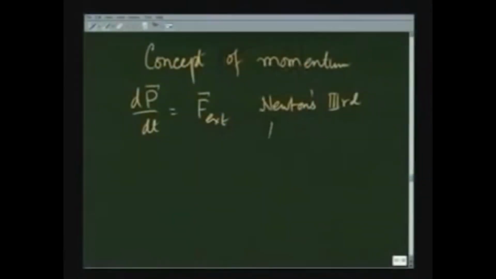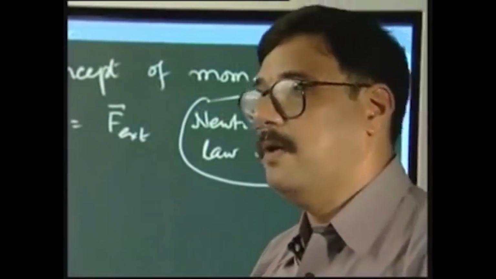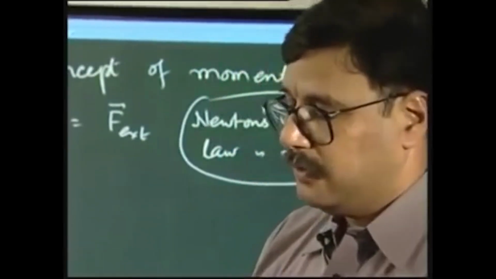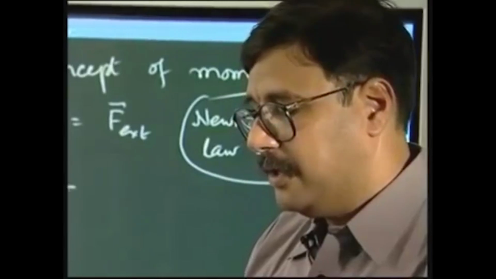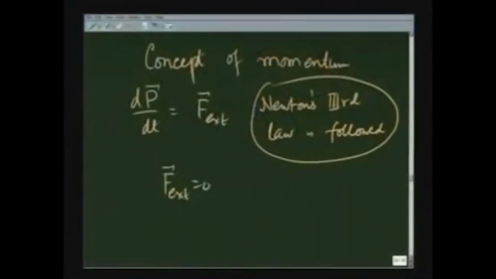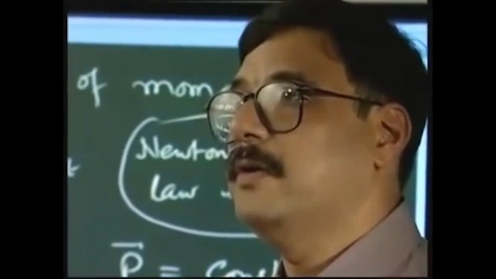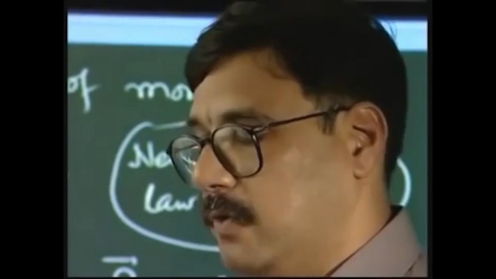The only requirement is that Newton's third law is followed. This is a requirement. There are examples where it is not followed, and I'll let you think about it. Third, we saw therefore that if F external is 0, the total momentum is a constant, and that helps in solving problems, as we'll see in the coming few lectures.